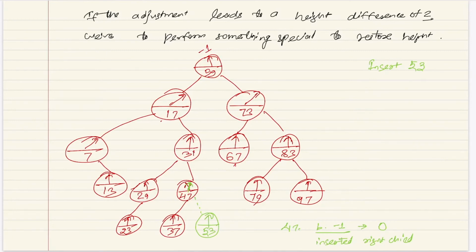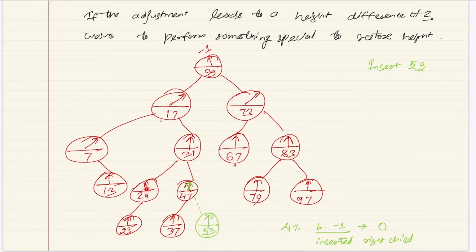Now if I go up, from 47 to 31, let's say this tree has a height of 2 and this tree has a height of 2. You can somehow think of height starting from here to the left side and right side.